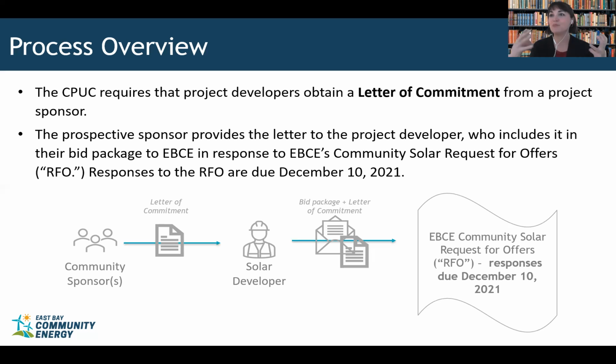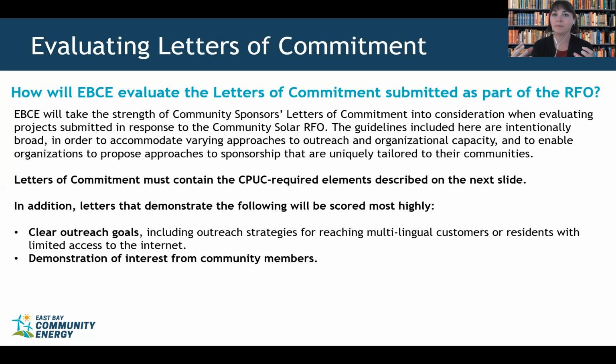That said, the guidelines for the letters and our expectations around them are intentionally broad. I want to make sure that that's clear. And that's in order to accommodate varying approaches, different organizational capacity, and just to allow for flexibility for, frankly, CBOs, community-based organizations, to tell us how you think this sponsorship role should look.